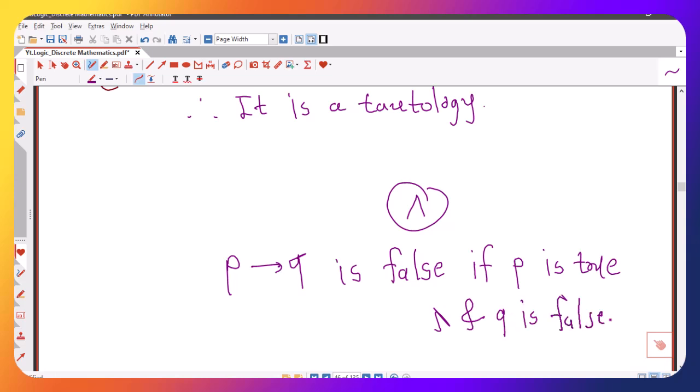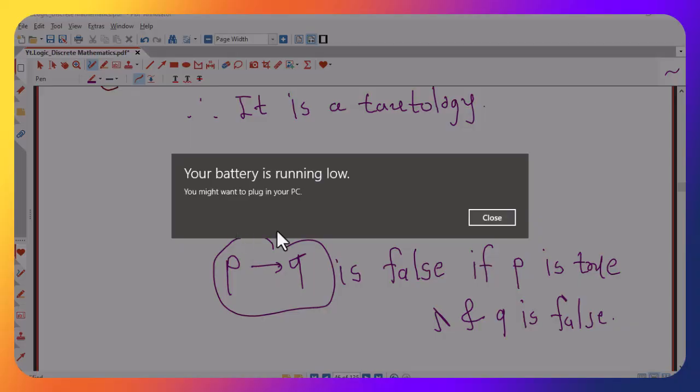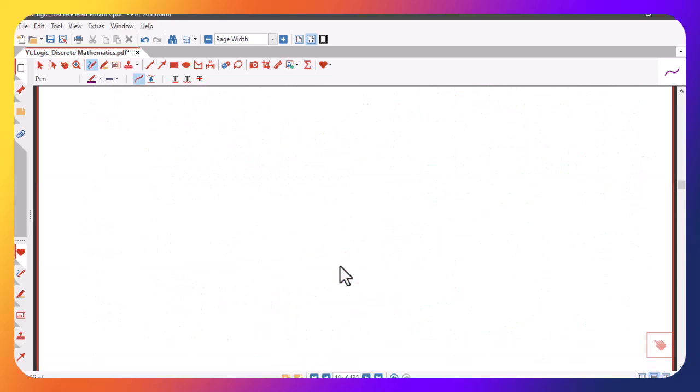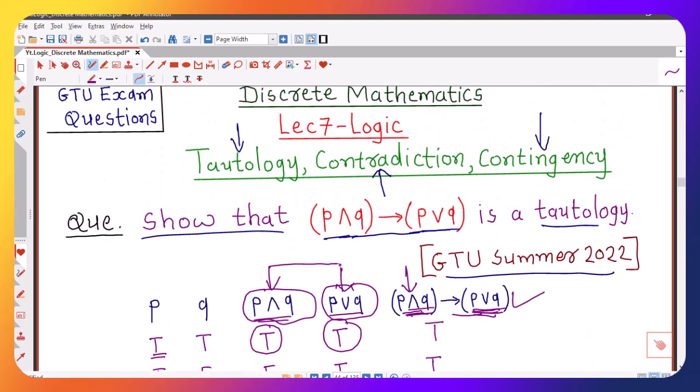In all other cases it has truth value T. So whenever I have p as F, then this is going to be true. So in this way we can easily prove whether the given statement is a tautology or not.